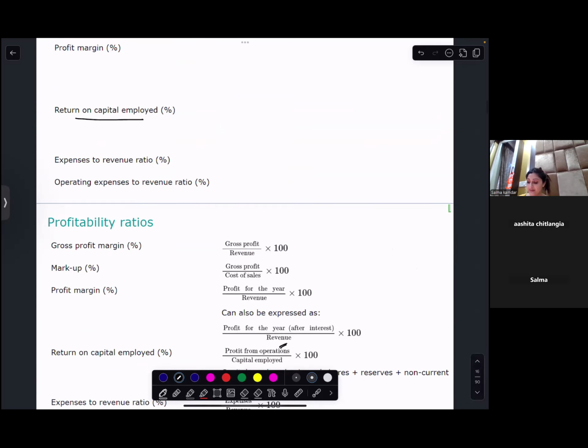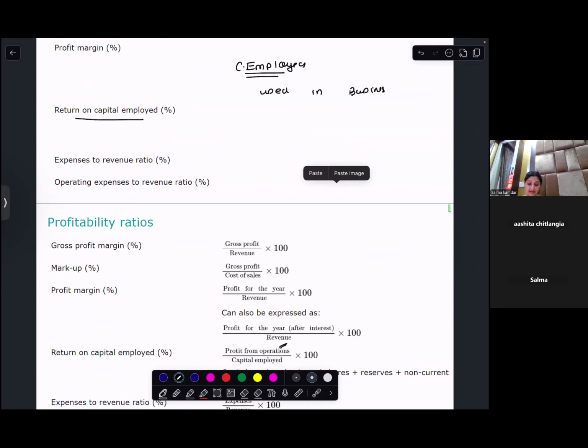What is the meaning of capital employed? If the money you're giving in the business, are you getting it back? Money used in the business. How do you calculate capital employed? Profit from operations upon capital employed into 100 is return on capital employed.